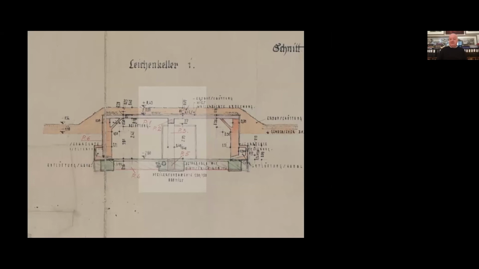And so the deniers say these gas columns never existed, there was no way to get this Zyklon into the room. Basically, there are no holes in the ceiling, the holes through which that Zyklon would have been lowered into those gas columns. Now, my argument is that these gas columns were only introduced later in the design because originally this room was designed as a morgue and not as a gas chamber.